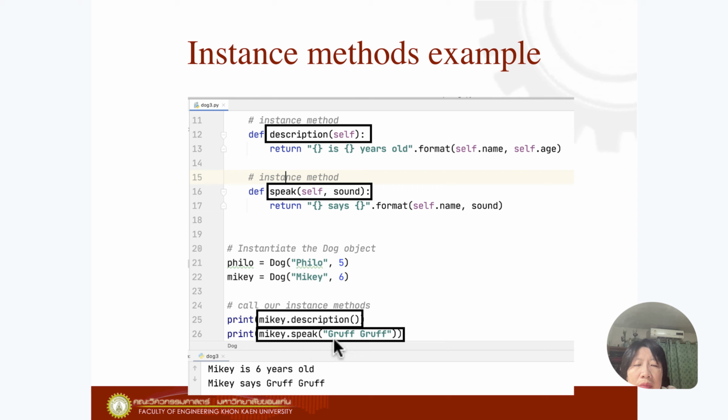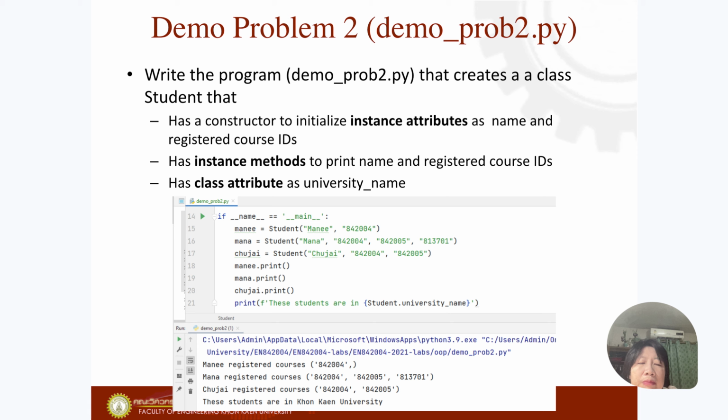Likewise, for speak, we have only one input parameter besides self, which is sound, so when we call it, we also have only one argument. And this is also demo problem two, which will help you understand more and be able to initialize instance attributes, instance methods, and class attributes.